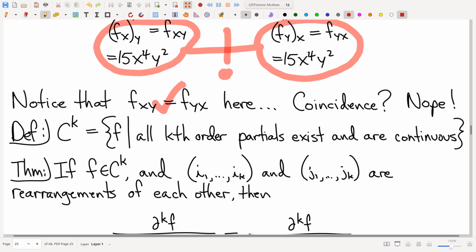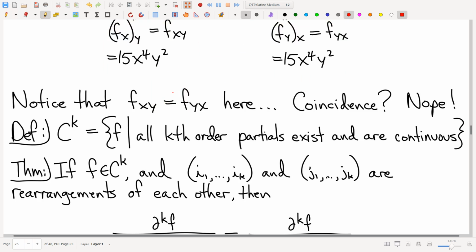Right? Lucky? Maybe? But it turns out it's not a matter of luck. And by the way, this is not just for polynomials. This same seeming coincidence will hold for a very broad category of functions.